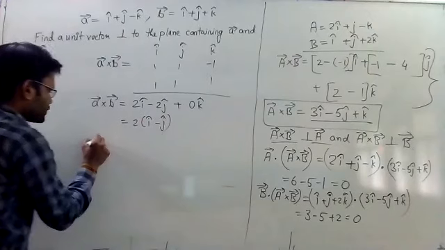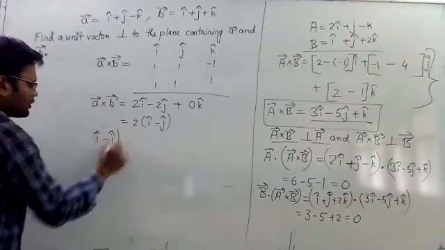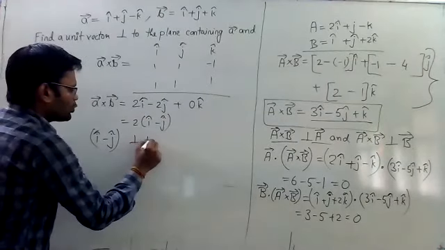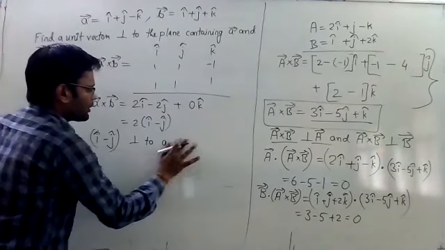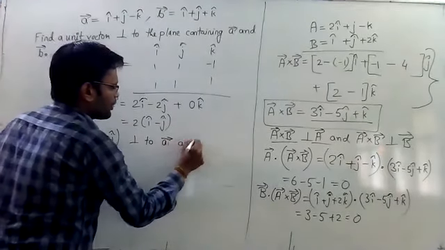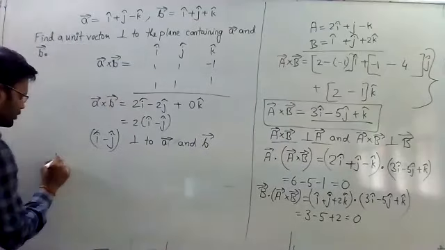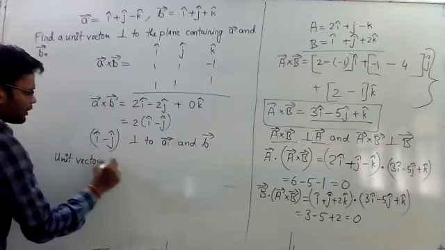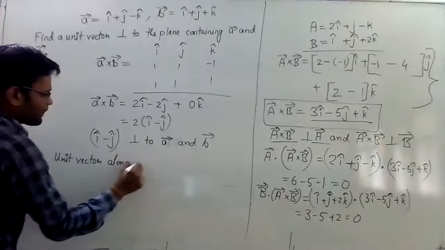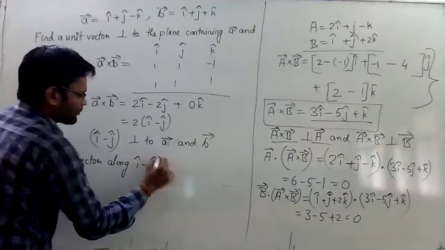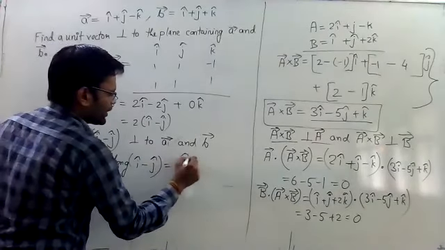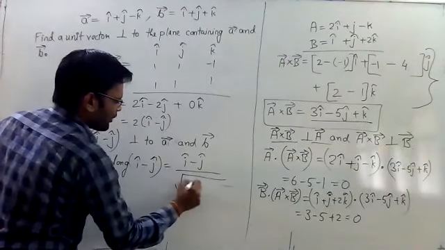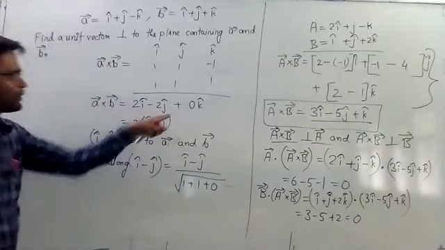I can take this vector, i cap minus j cap, also as the perpendicular vector, perpendicular to A and B. So the unit vector along i cap minus j cap is equal to how much? i cap minus j cap divided by the magnitude of this vector, which is 1 square plus 1 square plus 0 square, with 0 k cap.